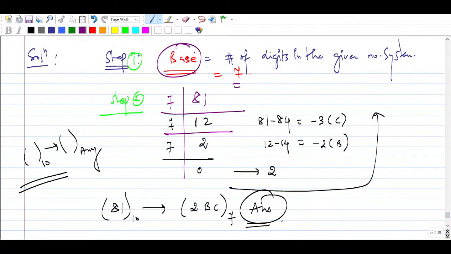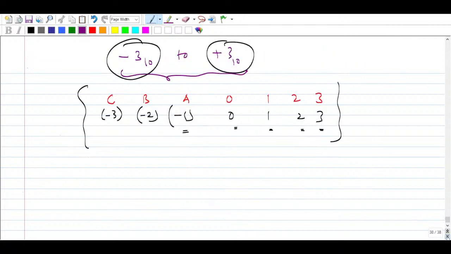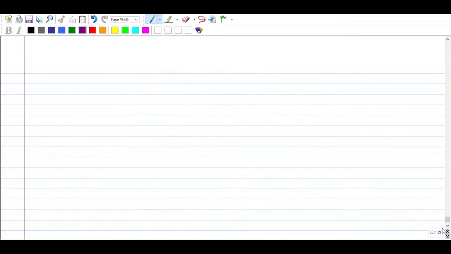How did I get 7? From the definition itself. I told you the definition in the very beginning. What is the definition of base? So let's move to solve the next question, because we have solved this question. We got to understand what the answer for this question is.